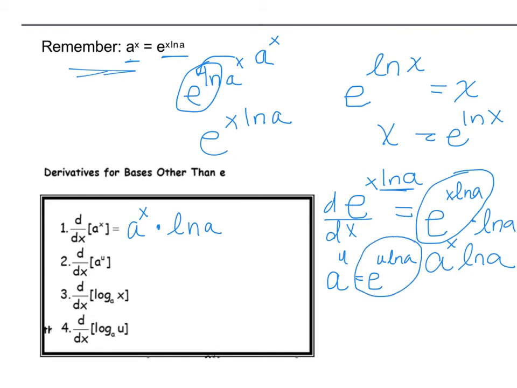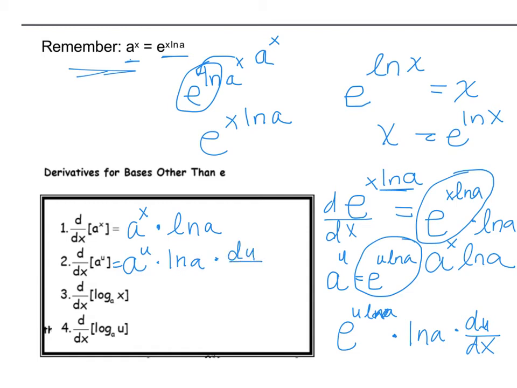So if we take the derivative of this, we end up with e to the u natural log of a times the derivative, which is the natural log of a times the derivative of u. So chain rule again. So number 2 adds chain rule to it. So that gives me a to the u times the natural log of a. That looks about the same. But then we take the derivative of u. Chain rule again.